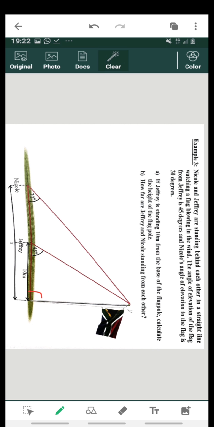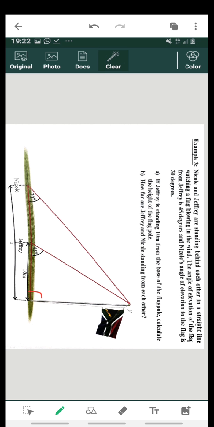Remember, from the horizontal up to the object, that is elevation, right? So Nicole and Jeffrey will be looking up to the pole. That's why we call those angles of elevation.